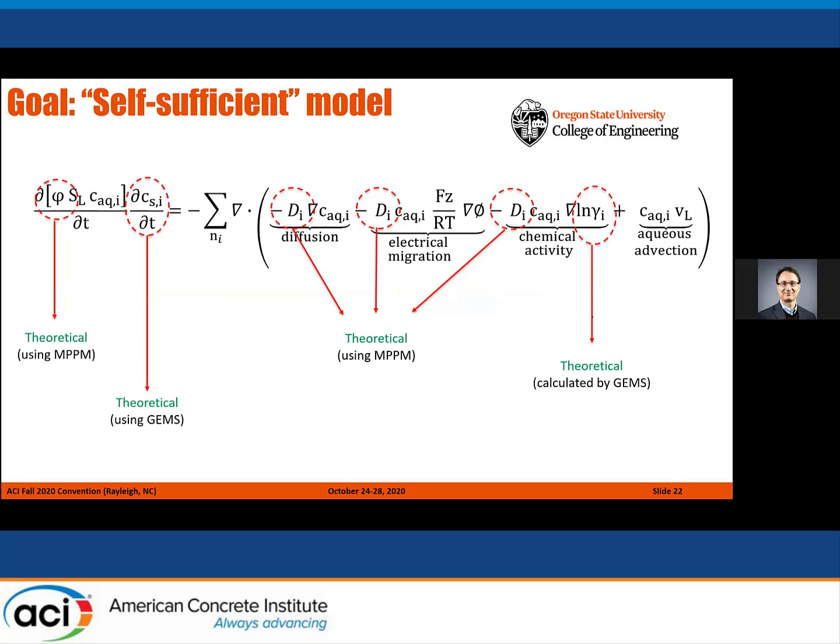Our ultimate goal, and we are actually very close to this goal, is to solve this ugly long equation without the need of doing any experiments. We want to calculate all the input parameters, like porosity, diffusion coefficients, and activities, using theoretical approaches. And we also want to make sure that we can model reactions theoretically.